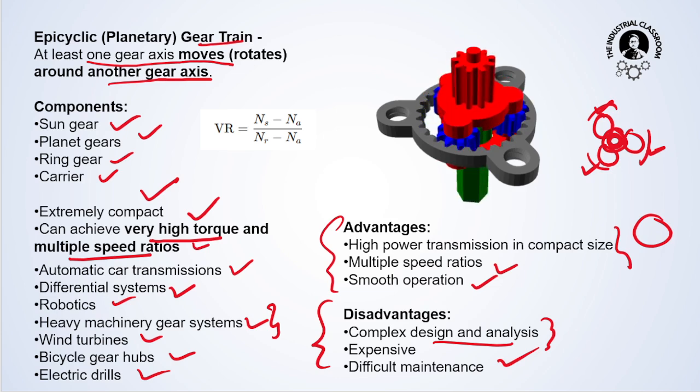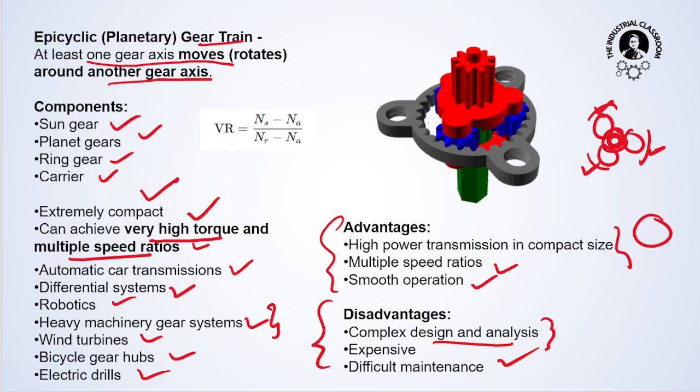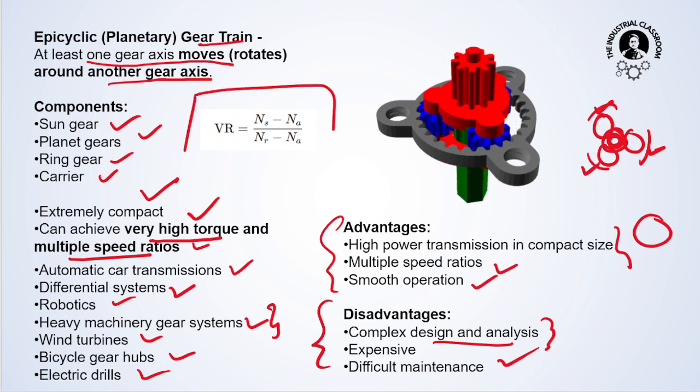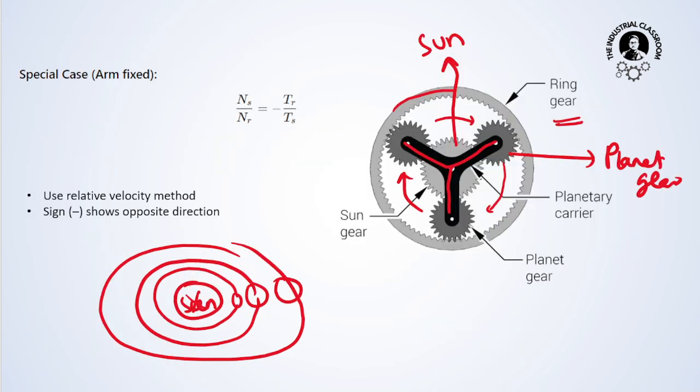So here you can see that the velocity ratio in case of the epicyclic gear is termed as ns, the rpm of the sun gear, and the rpm of the arm or the planet gear. Then nr is the ring gear minus planet gear. So this is the formula which you need to remember.